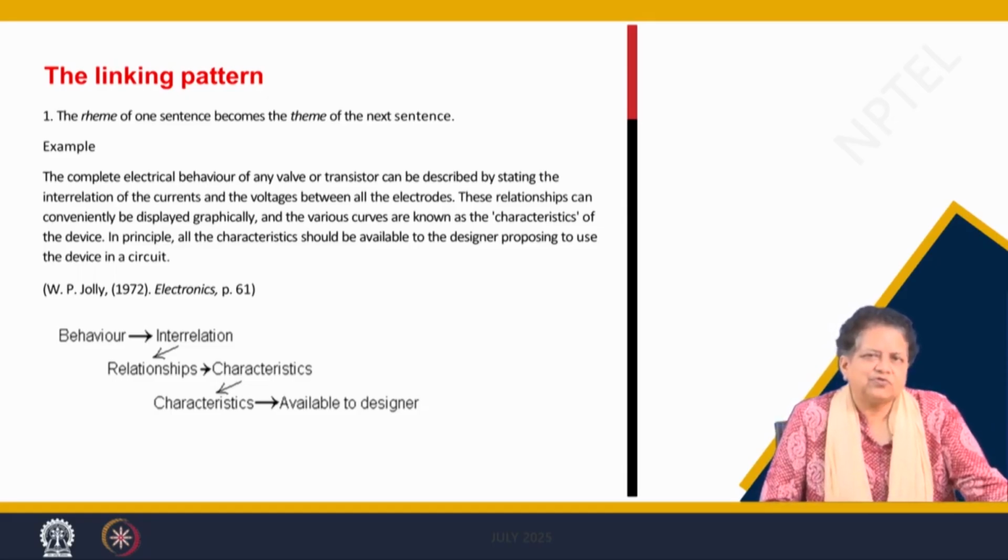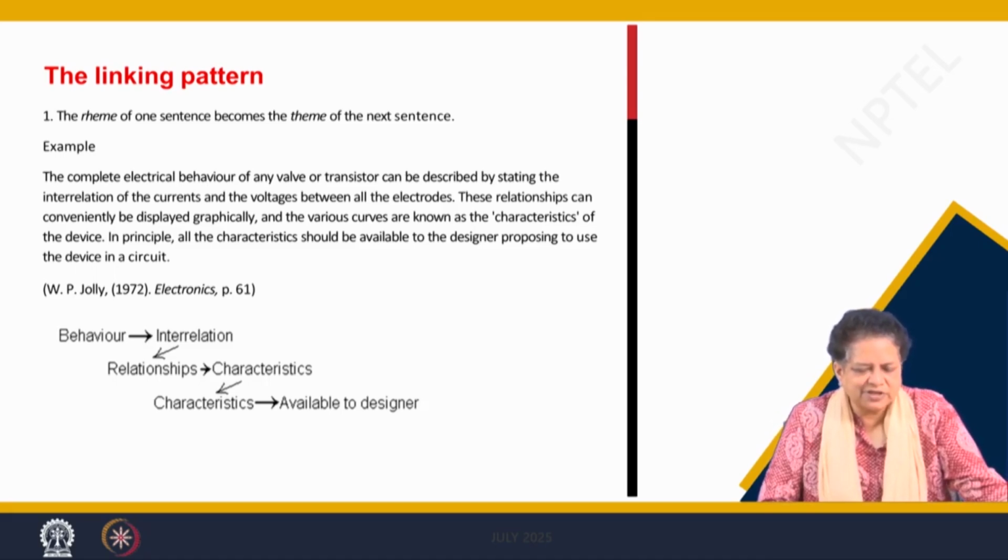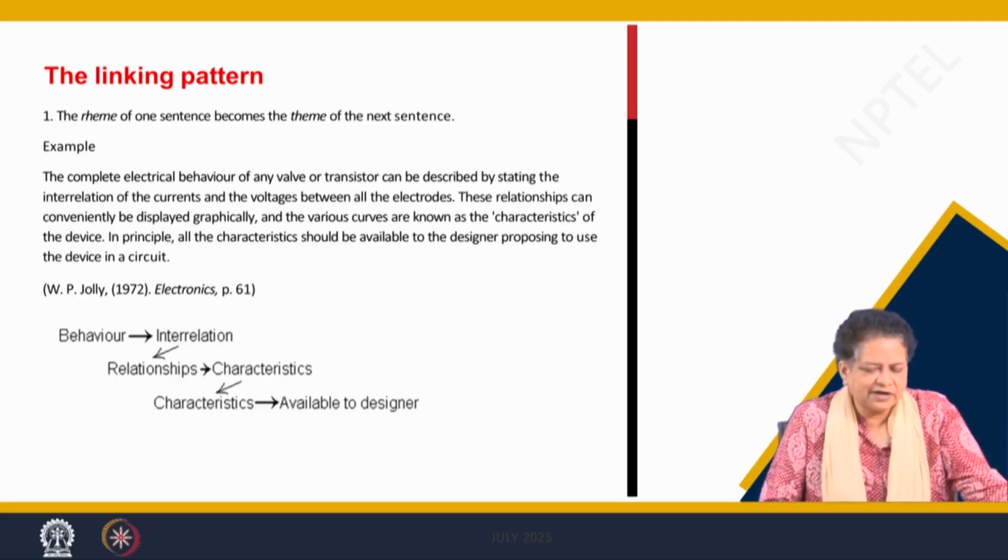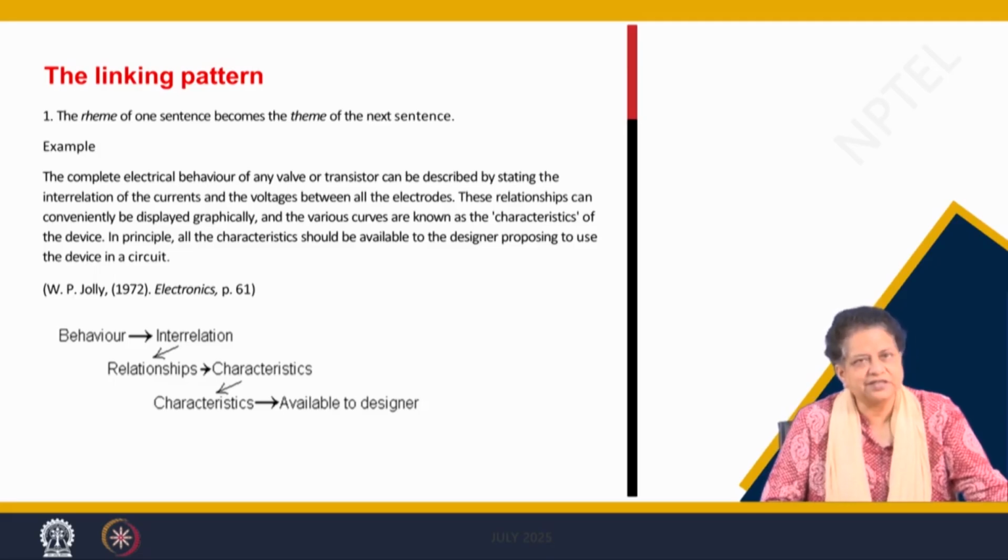The paragraph goes like this: the complete electrical behavior of any valve or transistor can be described by stating the interrelation of the currents and the voltages between all the electrodes. These relationships can conveniently be displayed graphically, and the various curves are known as the characteristics of the device. In principle, all the characteristics should be available to the designer proposing to use the device in a circuit.